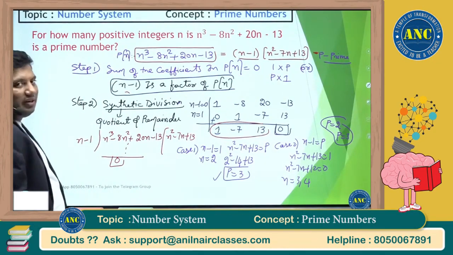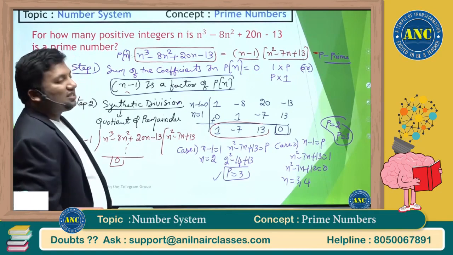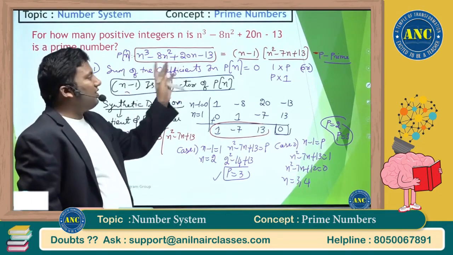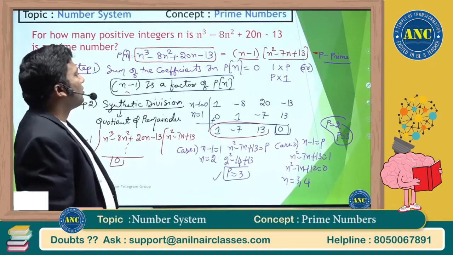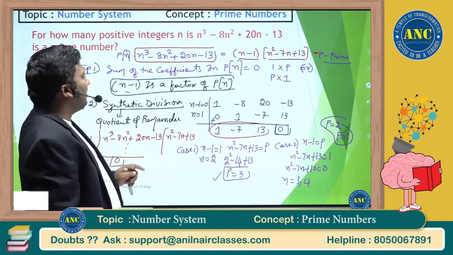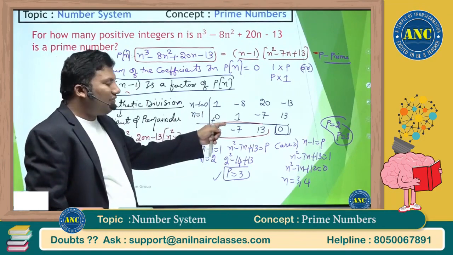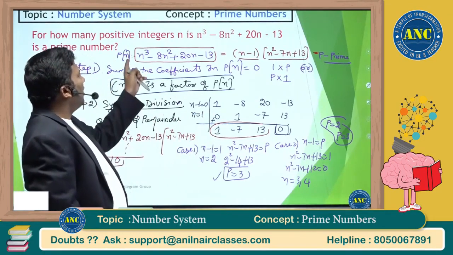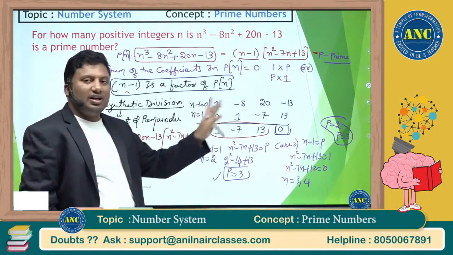How many positive integers n make n cube minus 8n square plus 20n minus 13 prime? The sum of the coefficients is equivalent to 0, so n minus 1 is a factor. I determined the other factor using synthetic division. What you have to do: write down the coefficients in serial order.